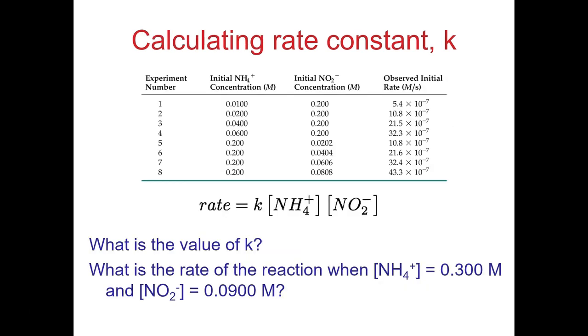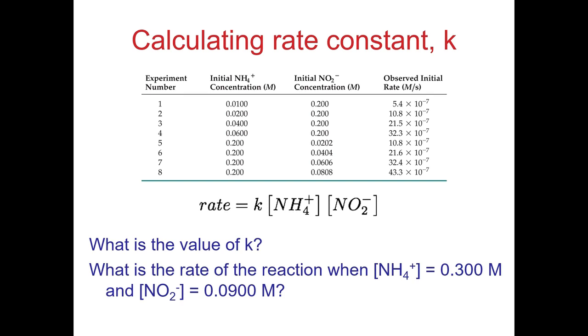Alright, let's see if we can calculate what the value of K would be. Since we know the reaction orders for NH4 plus and NO2 minus, we can pick any of our experimental data to fill in for our rate information. So let's just look at experiment number 1. Filling in our concentrations and our rate information, we have our rate is 5.4 times 10 to the minus 7.